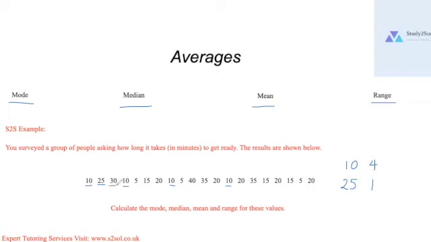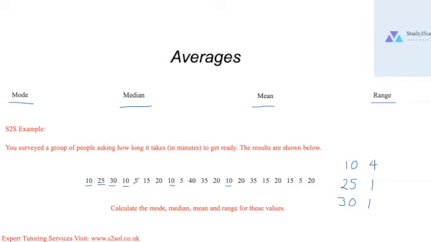You can see that 1 person has said that it takes them 30 minutes. And again, that is the only time that 30 comes up. So 30 also has a frequency of 1. Frequency, quite simply, just means how many times that number has appeared in our data set.